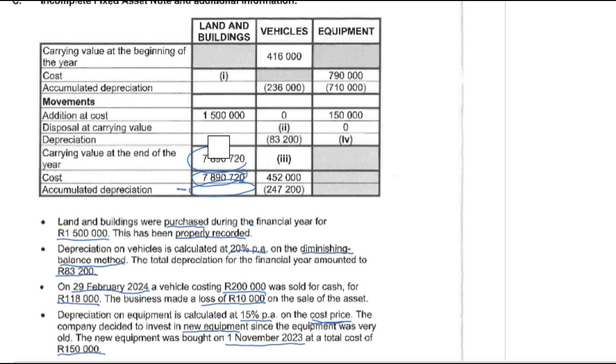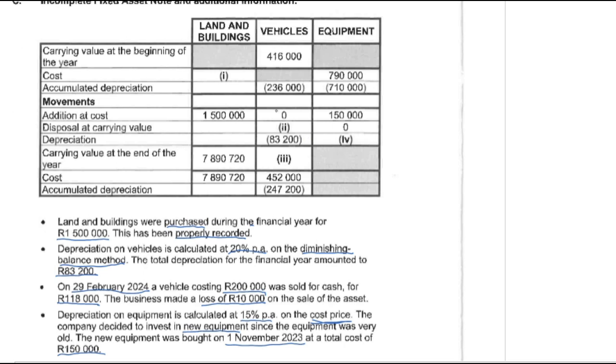The fourth equation you can pick up from the fixed asset note is cost at the beginning of the year plus additions at cost minus disposals at cost equals the cost at the end of the year.